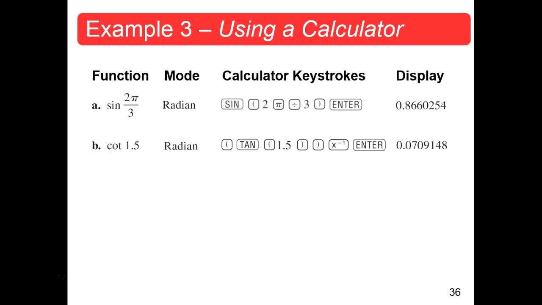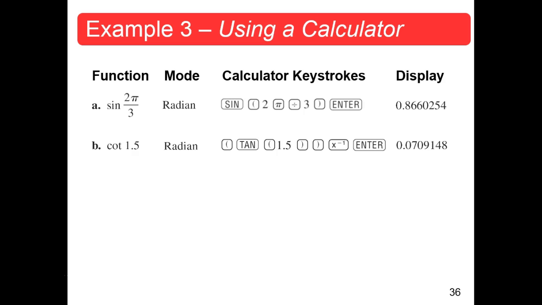Okay? Now, how about this one? Cotangent of 1.5. What mode are you in? Don't read my hand. Radian mode, okay? You read my hand, didn't you? I could tell. Why? There's no pi in it, but there's no degree sign. It must be radian, okay? What would you enter? Parentheses. You do have to have a parentheses here.